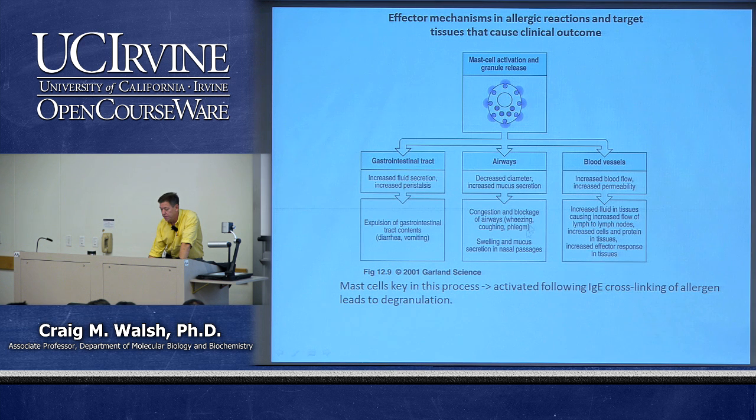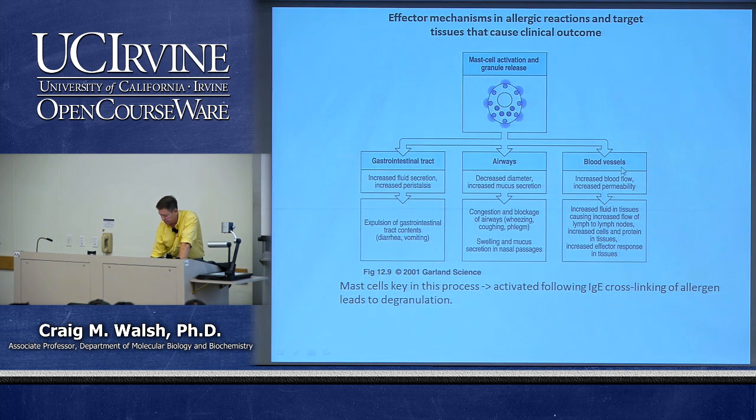There's a lot of phlegm, and the purpose of this is to eliminate that bug from your airways, and obviously this makes you feel kind of sick. And then in the blood vessels, this can lead to increased blood flow and increased permeability of the blood vessels. The point of that is that the blood is essentially trying to wash some of these parasites out of the system.